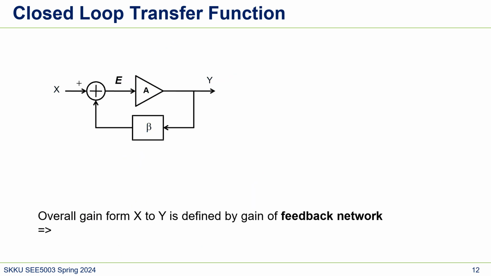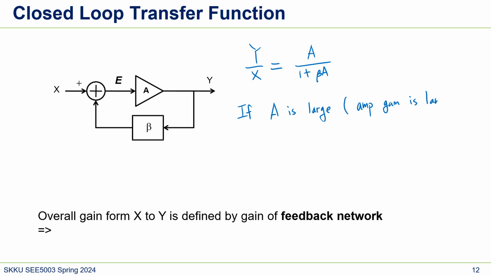And what happens is, if A is large, which means the amp gain is large, the closed loop gain would be 1 over beta. That's why the overall gain from X to Y is defined by the gain of the feedback network.